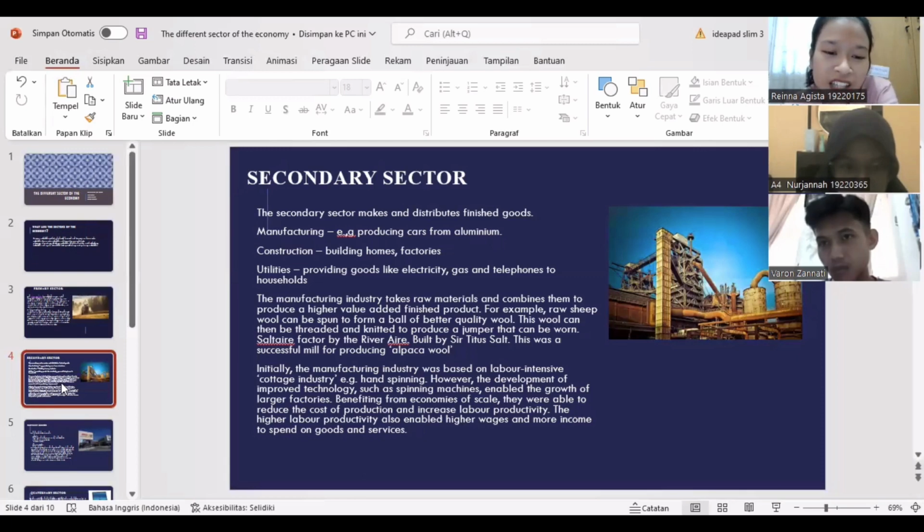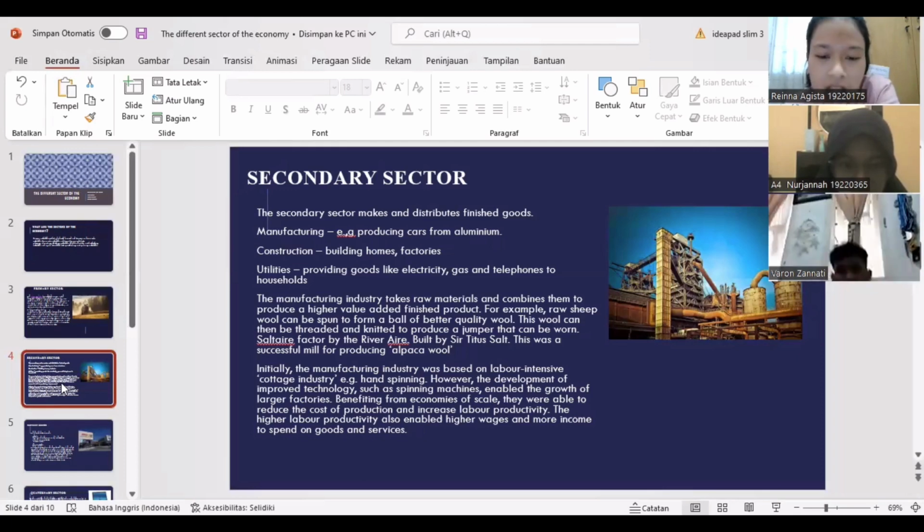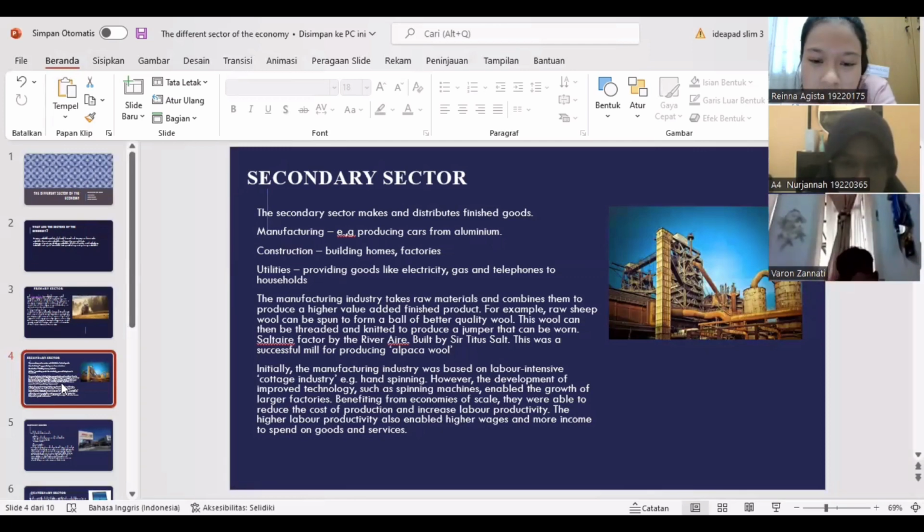Initially, the manufacturing industry was based on labor-intensive cottage industry hand spinning. However, the development of improved technology, such as spinning machines, enabled the growth of larger factories.